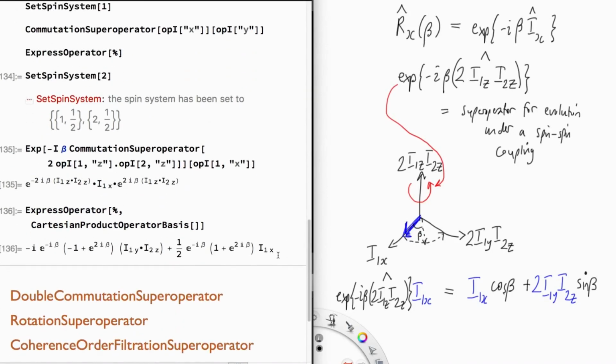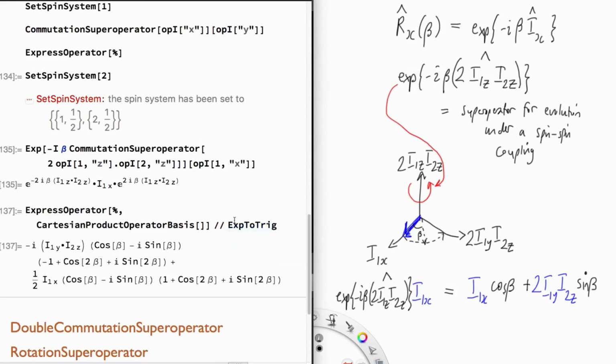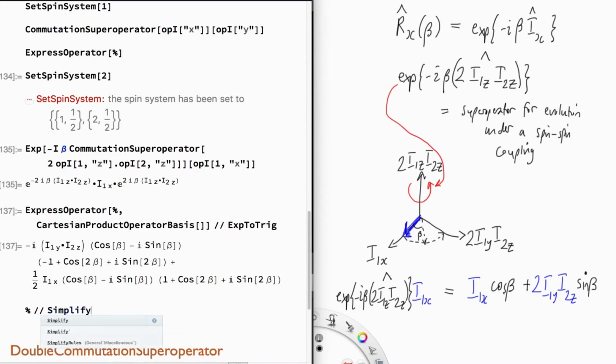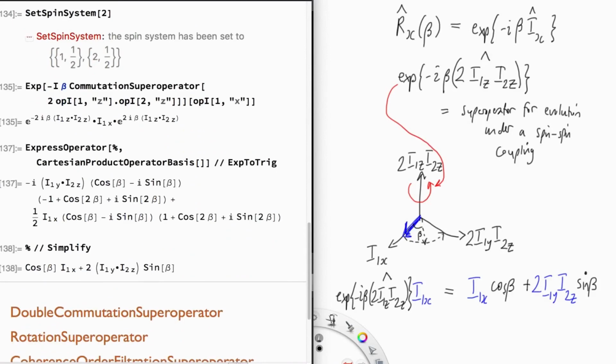And I get a trigonometric formula. It contains some complex exponentials. So let's ask Mathematica to convert the exponentials to trig formulae. And let's simplify that. And after a little bit of trouble, Mathematica does generate the expected result, I1x cosine beta plus 2I1y I2z sine beta.